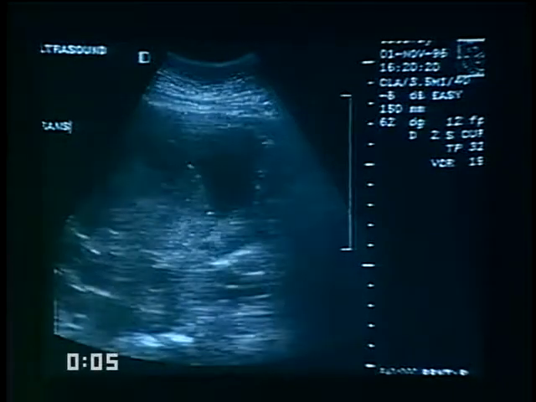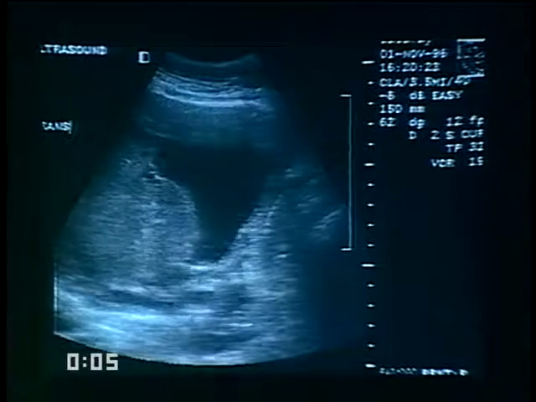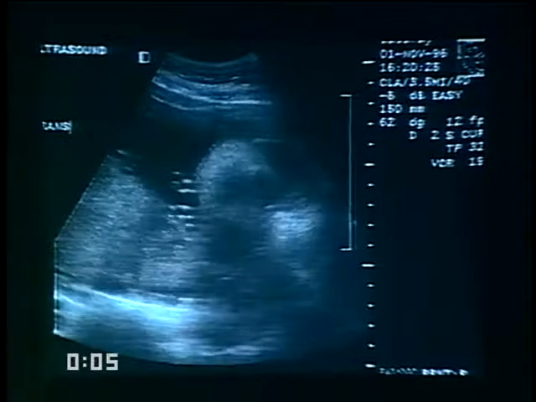This is a transverse image. We're scanning through the volume. So that was an example of placenta previa.